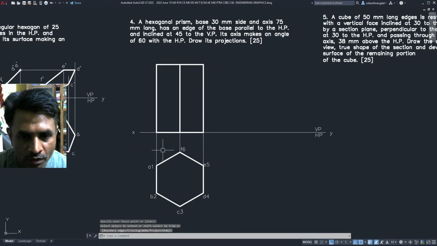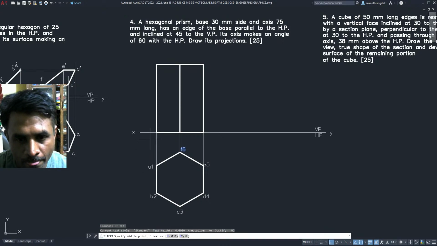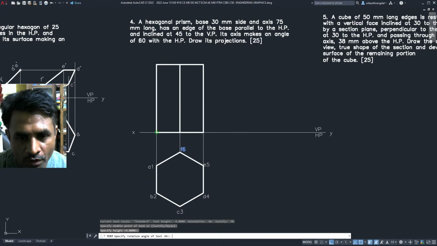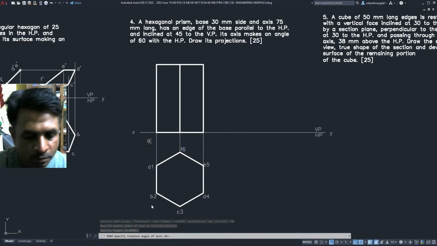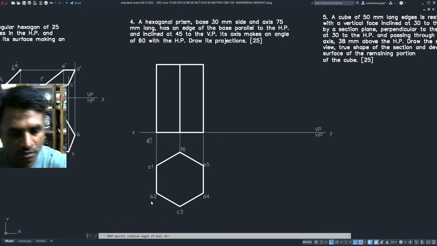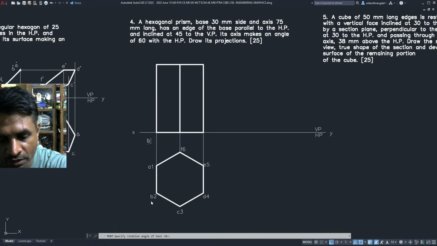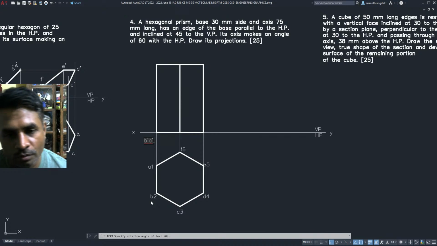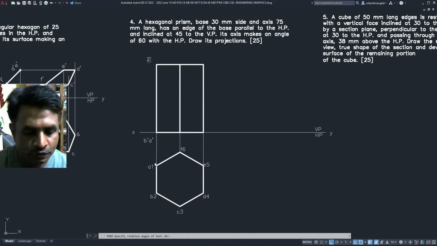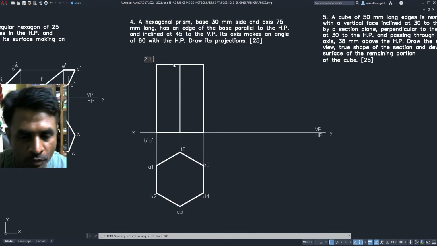Okay, let's go ahead and do the names here. At this point A and B both are going to overlap. So A dash first is going to be B dash; B dash and A dash both are going to overlap here. And if you see the top, the points 2 dash and 1 dash both are going to overlap here.